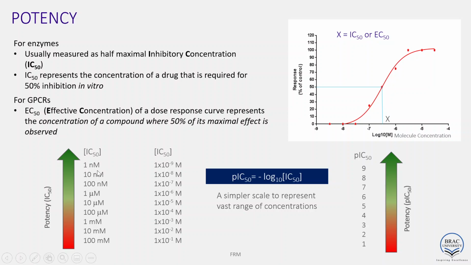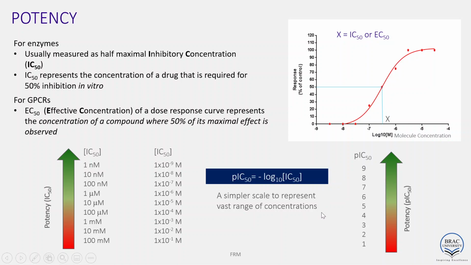So 1 nanomole or below is considered good for potency. From 1 micromole to nanomole, it is safe. On the right side, these two measurements are the same, but you can say this is also a scale.